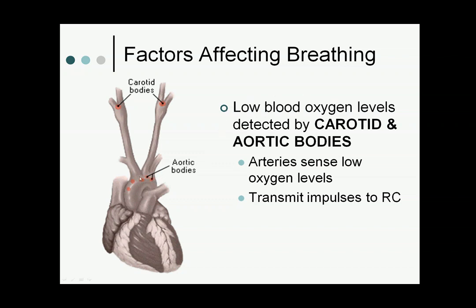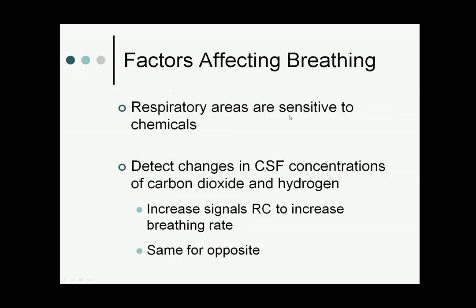Here's the aorta, aortic arch, so you can see aortic bodies, which are just specialized cells to transmit and pick up signals, detect stretch. And carotid bodies up at the carotid artery, so where you would expect them. But basically here they are detecting low blood oxygen levels, whereas cerebral spinal fluid is picking up carbon dioxide levels, so opposites.